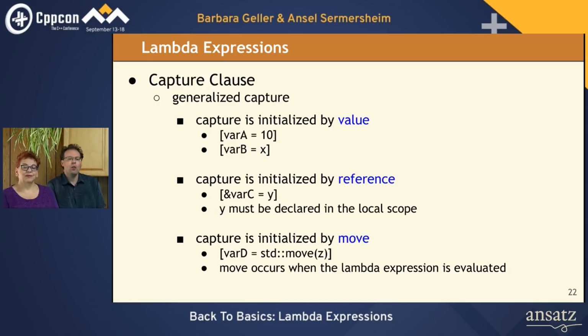You can't use the move captured data after the Lambda expression is declared because the value in Z will be gone. So the fact that there are problems if you try to access a variable after it's been move captured into the Lambda expression is actually nothing specific to a Lambda expression. This is just the understanding of how a move capture works.